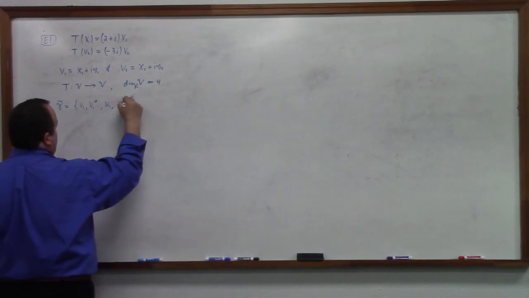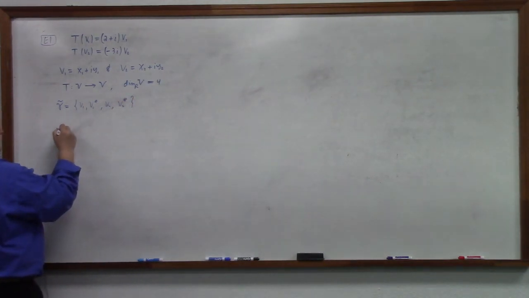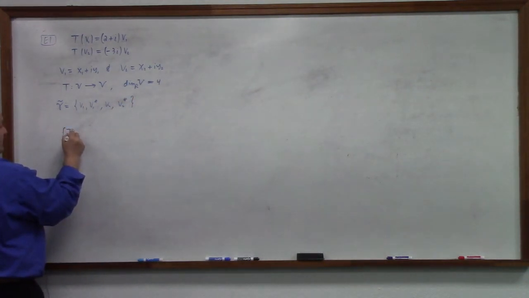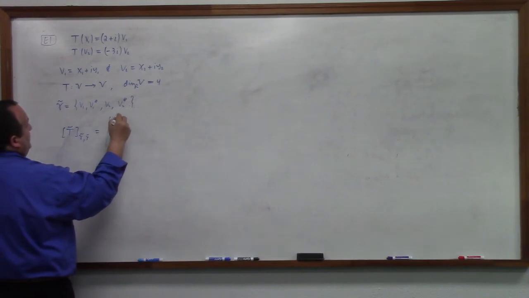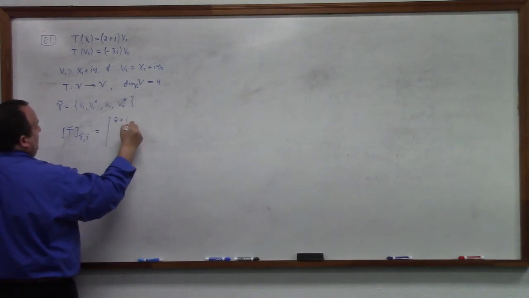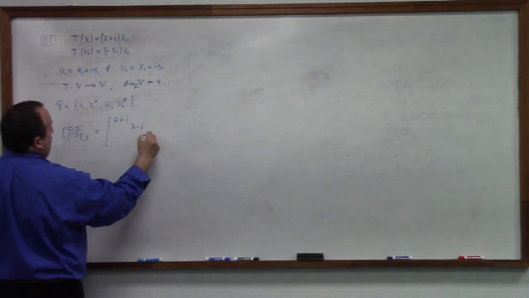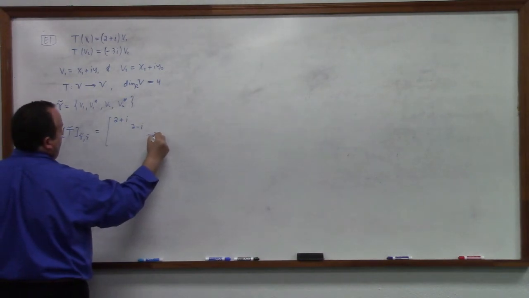We're not really that interested in this, but for the sake of complete discussion here, the matrix of the complexification with respect to this gamma tilde basis would be a 4 by 4 matrix. It's diagonal. It's got 2 plus i, 2 minus i, minus 3i, and 3i.